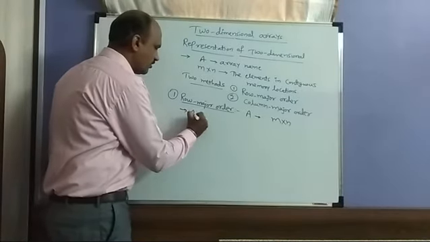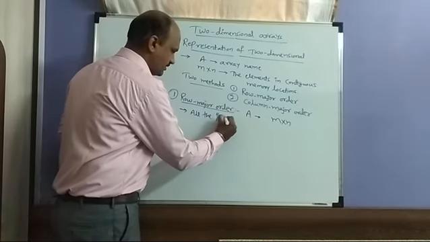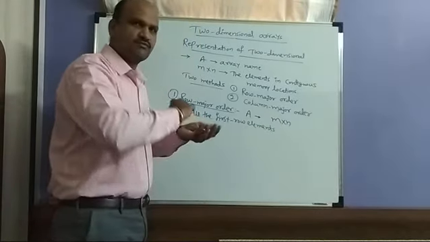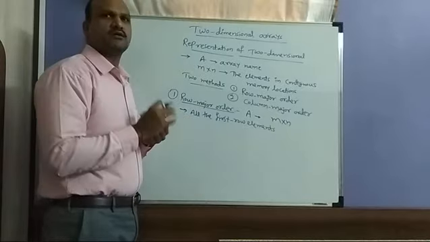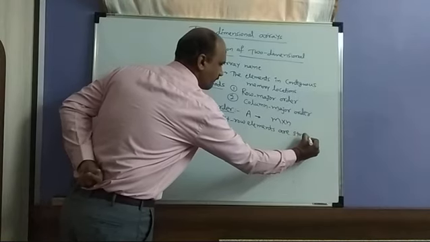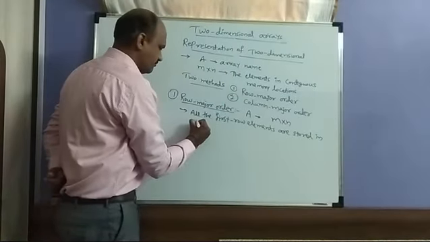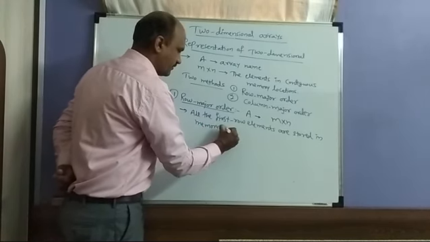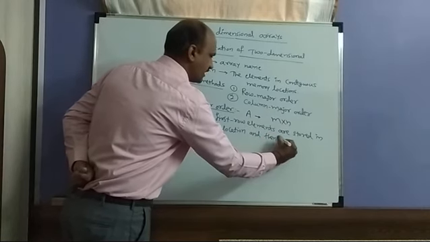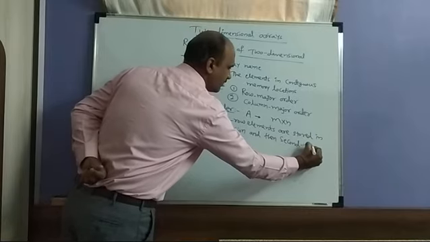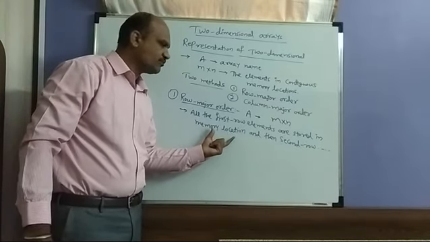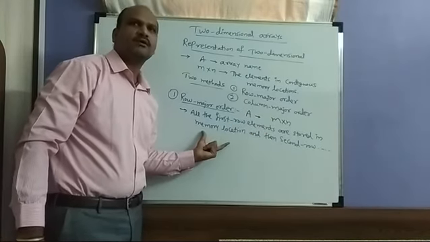First all the first row elements will be stored, and then the second row, and like that, however many rows you give, the elements will be stored in your memory locations.